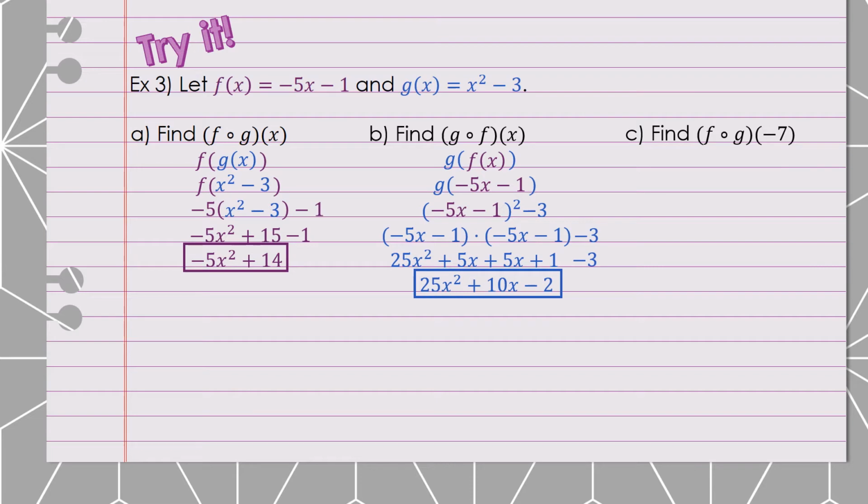Part C. Find f composed of g of the value negative 7. Again, this is your try it problem. Hopefully you found f composed of g of negative 7 to equal negative 231.